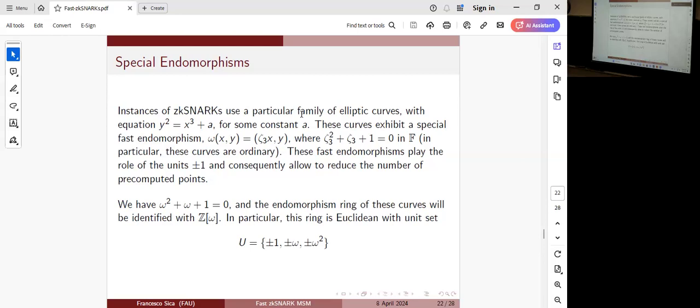So it preserves the group structure, and you see, you can compute it very, very quickly. So we wanted to use this fact somehow. And so what we found is that you can use this endomorphism omega.